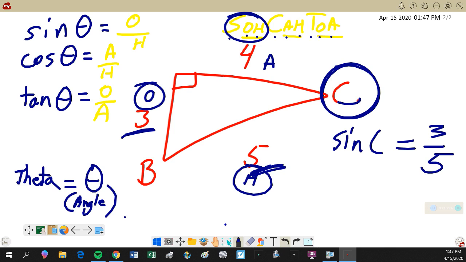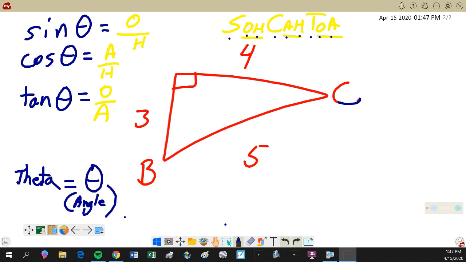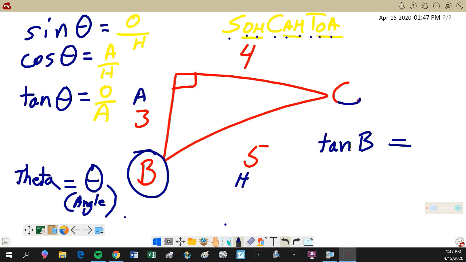Okay? Let's go back a ways. Let's say I wanted to do, what is the tangent of B? Well, B is now where I'm looking. 5 stays the H, 3 is the A, and 4 is the opposite.